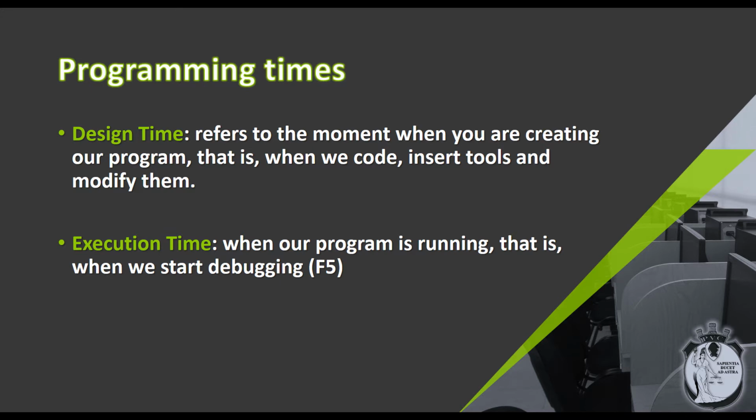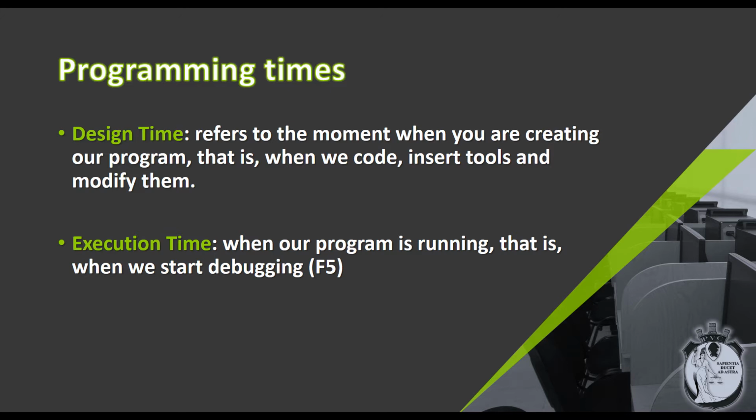You need to know that there are two times in programming. The first one is the design time. This is important because when you create a program in an algorithm, you only type the code.